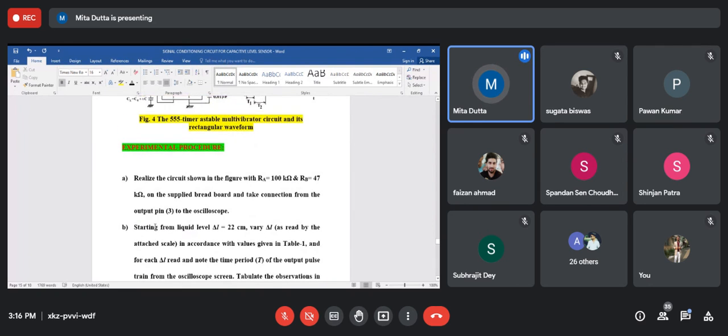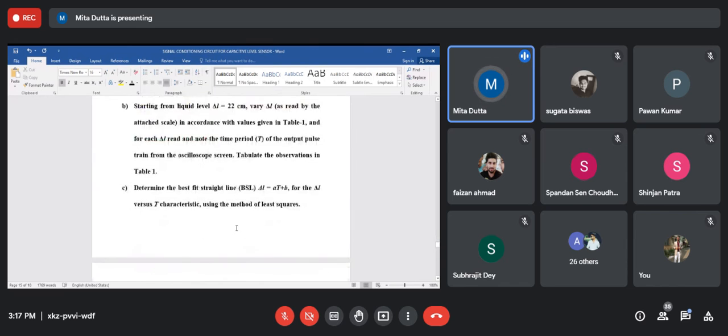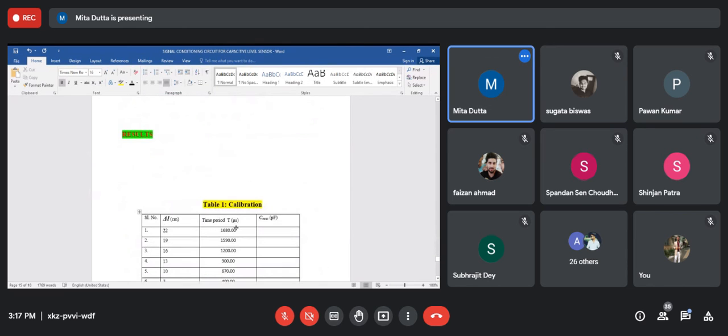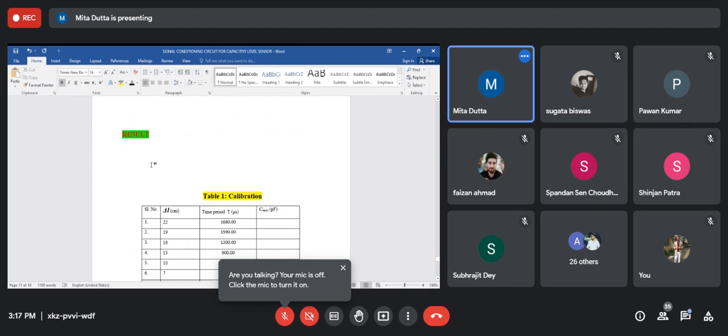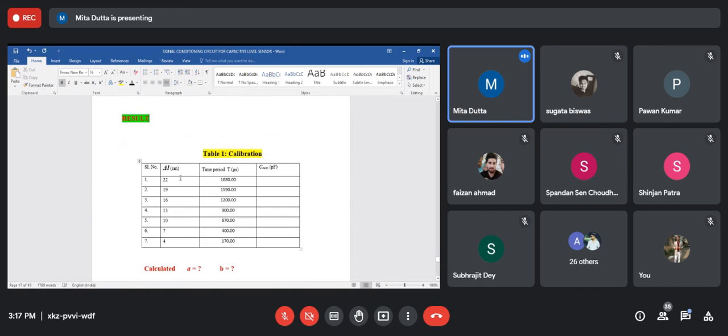Then we are starting from the liquid level del L equal to 22 centimeter, and we are going to vary del L. And the time period, this data I have given to you, I will provide you this data.